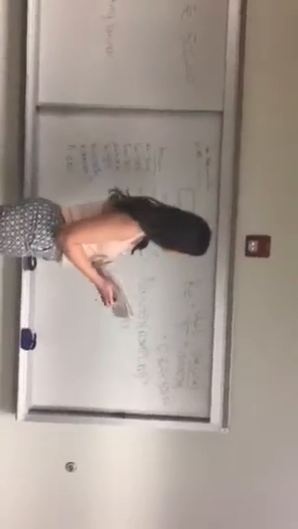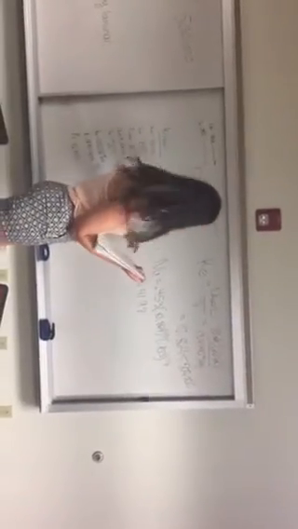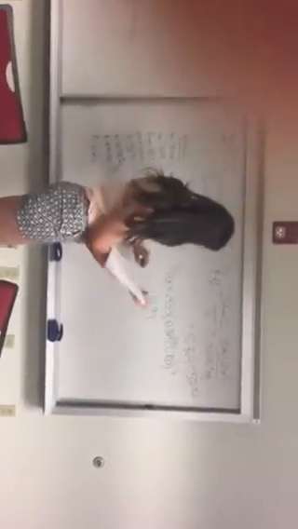Once we have Nusselt number, we can solve for h, which we are then going to use to find our heat flux, which we can use to find our maximum heat rate.